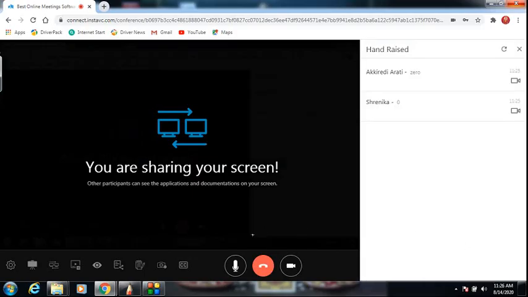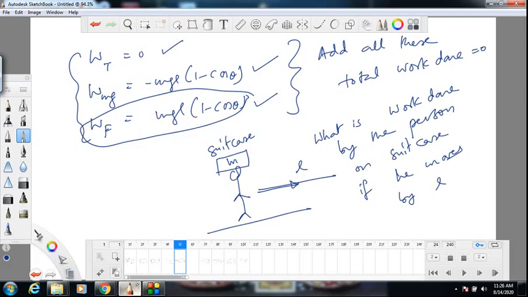Zero. Aarti says 0. Shrenika says 0. This is a standard example in lower class textbooks. 0. But this is the wrong answer.